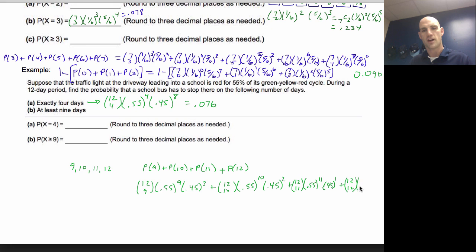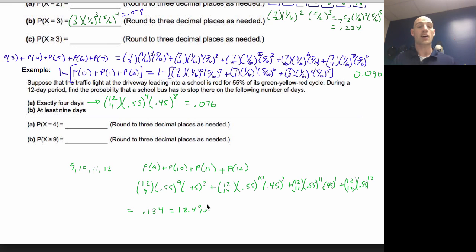That's all 12 days, 0.55 to the 12th power there. Okay, so that's exactly what I want. And when I add up all these, it is 0.134, which is equal to a 13.4% chance that that happens.